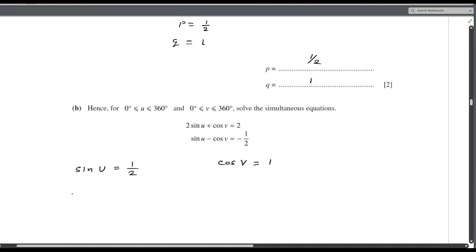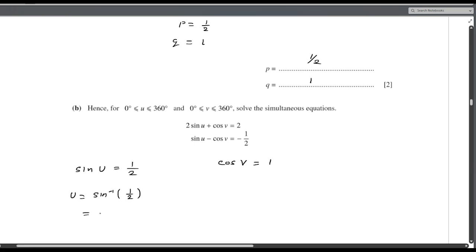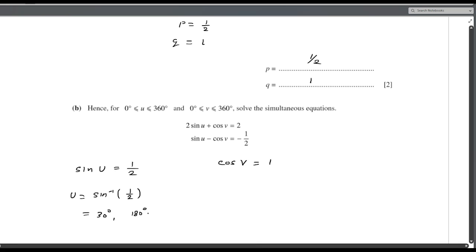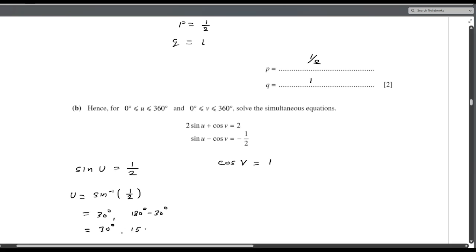This will give me u as sine inverse half. If you use your calculator you will get 30 degrees. One answer will be 30 degrees, the other answer will be 180 degrees minus 30 degrees, since for sine, theta and 180 minus theta are the same. So your one answer is 30 degrees and the other answer is 150 degrees. Cos v is 1. I know that v is cos inverse of 1, so this is 0.